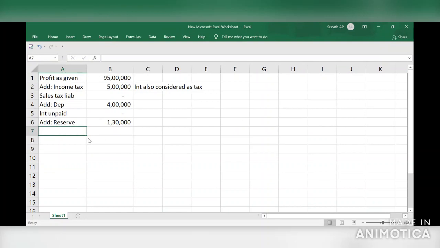After that, next one, penalty. Only under normal provisions you will have an adjustment. For the purpose of MAT, you will not have any kind of adjustment. The adjustment would be applicable only under the normal provisions, not for the purpose of MAT.